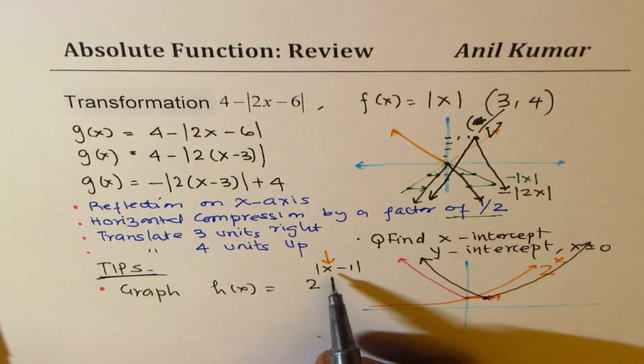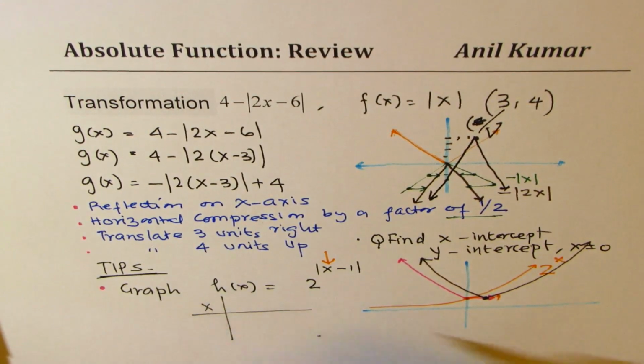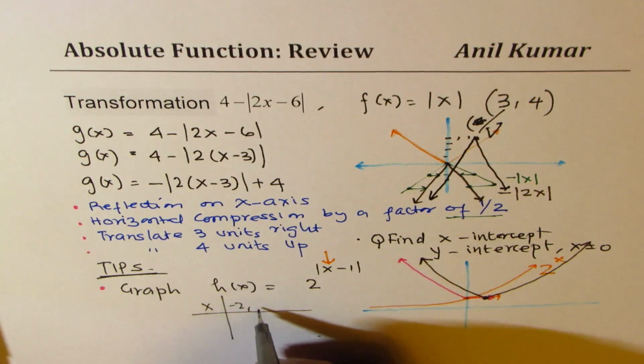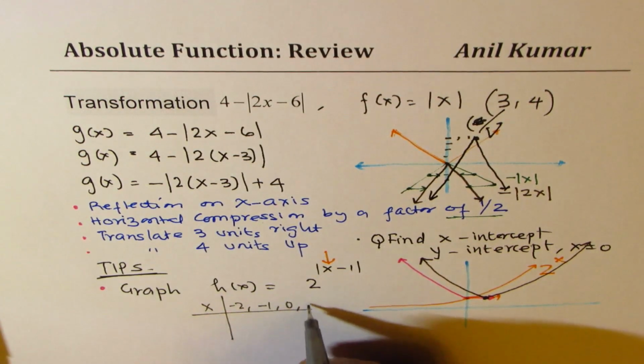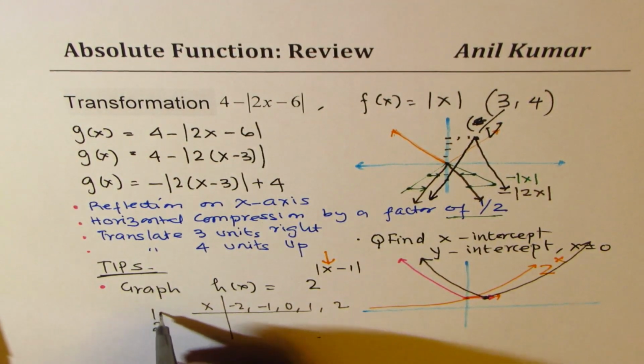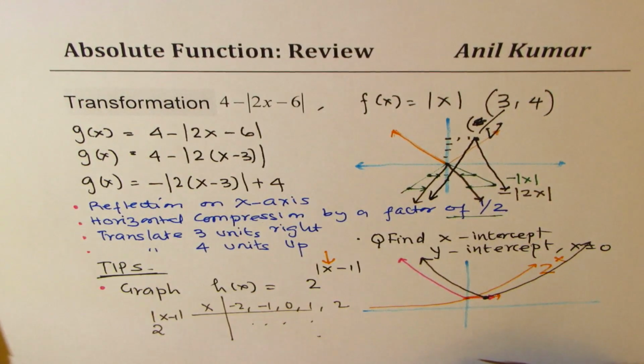You can, of course, make a table of values for some values of x. For example, good values will be minus 2, minus 1, 0, 1, and 2. And then calculate 2 to the power of absolute x minus 1, plug it in, get your graph, right?